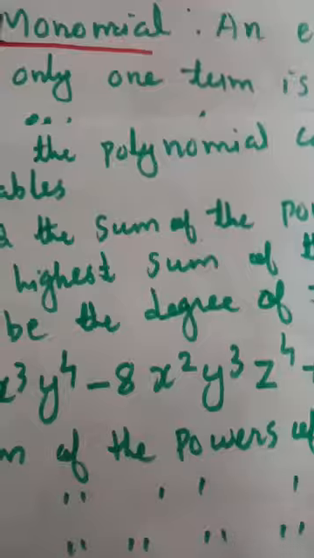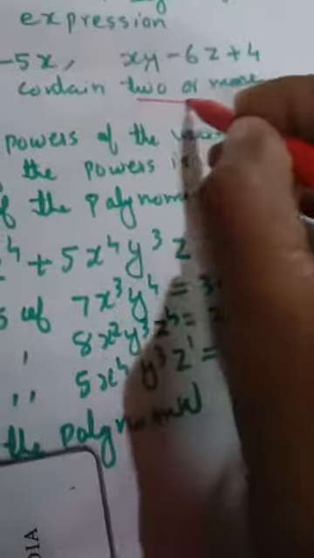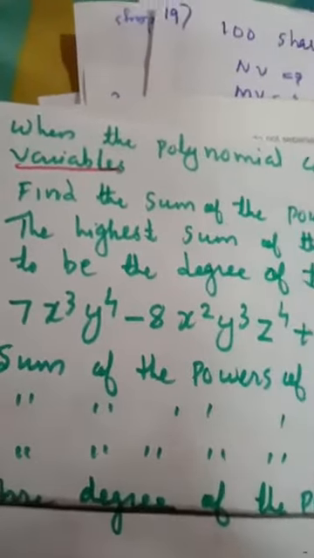Now see, when the polynomial contains different variables, or more than one variable, two or more variables, then how to find the degree?